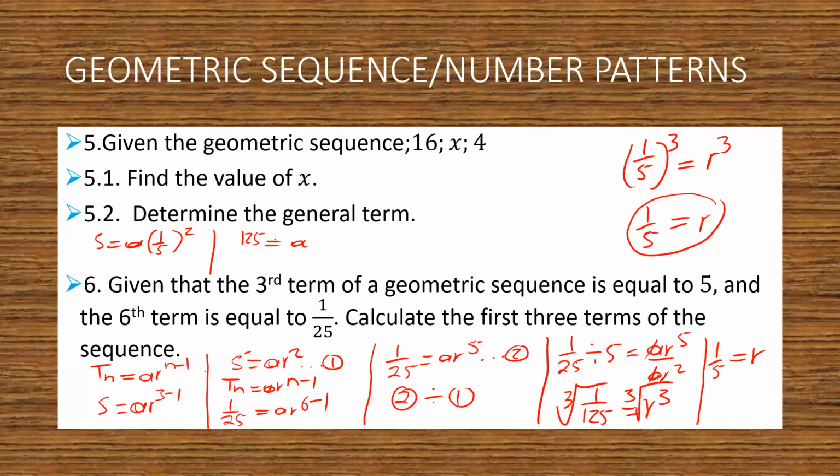Perfect. Now, since we've got A, I've got 125 as the first term. What will be the second term? We're going to say 125 times 1 over 5. How much does that give you?